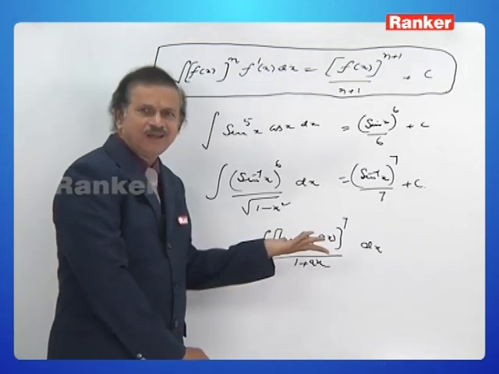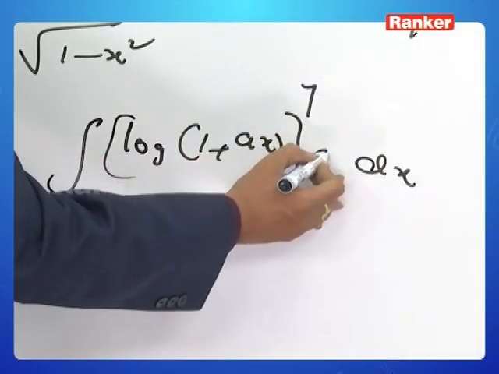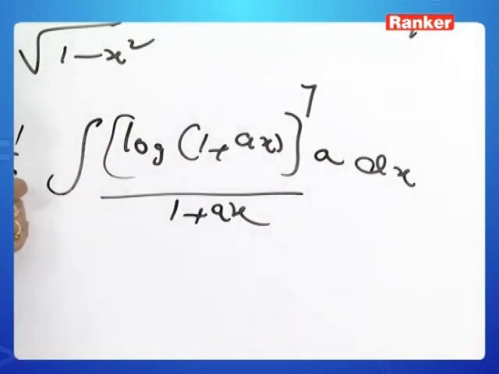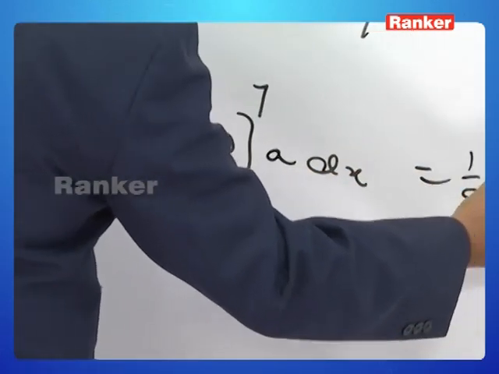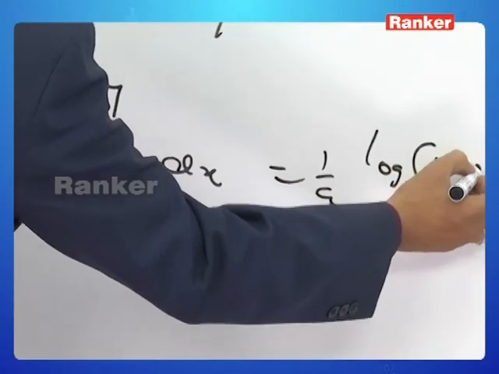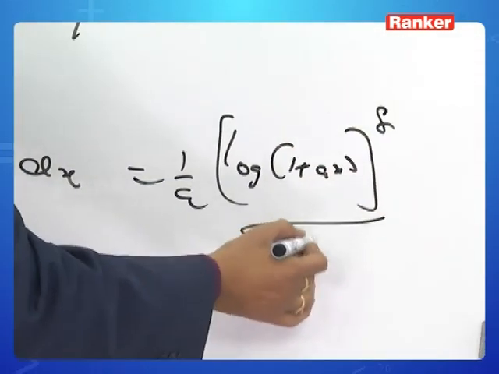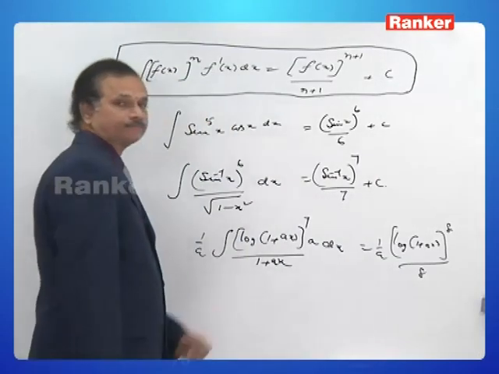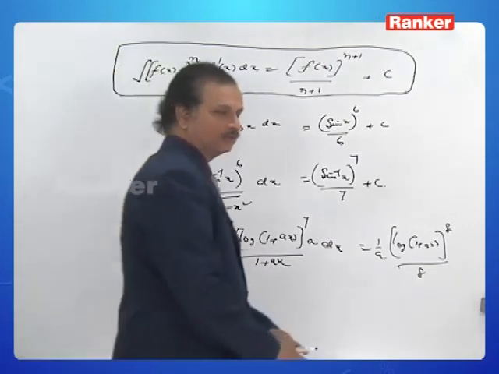Is it there? No. So you just offer into a, 1 by a. So that it is 1 by a into [log mod(1 plus ax)]^8 by 8. Good.